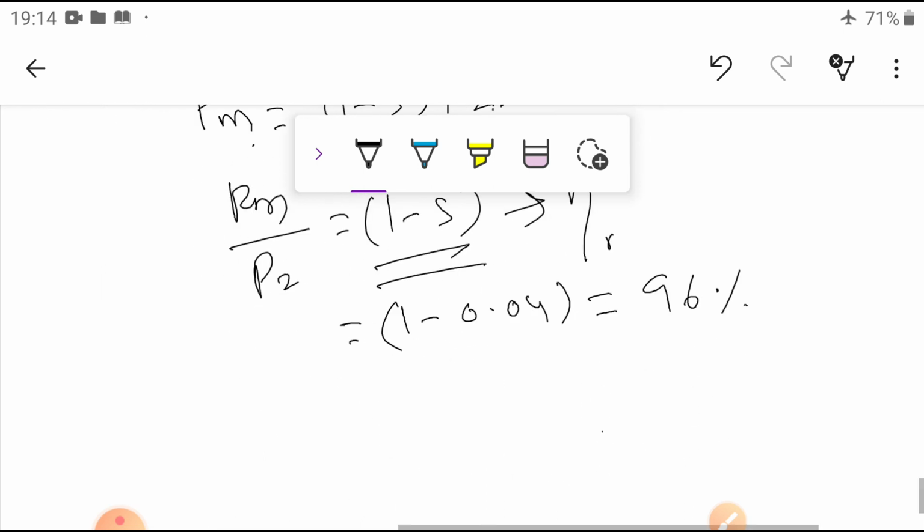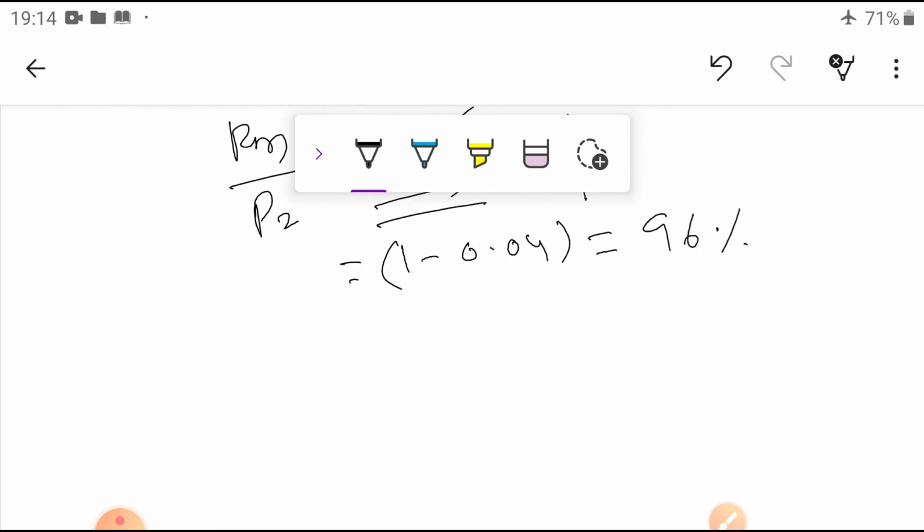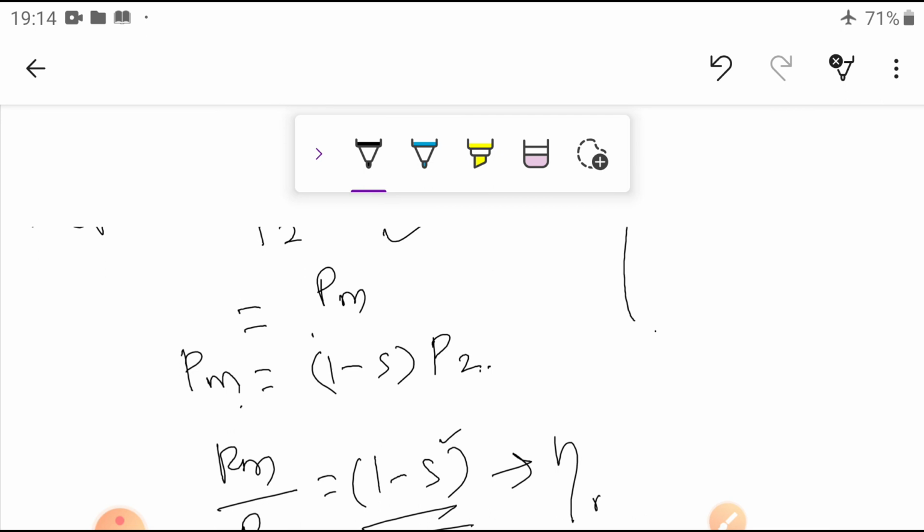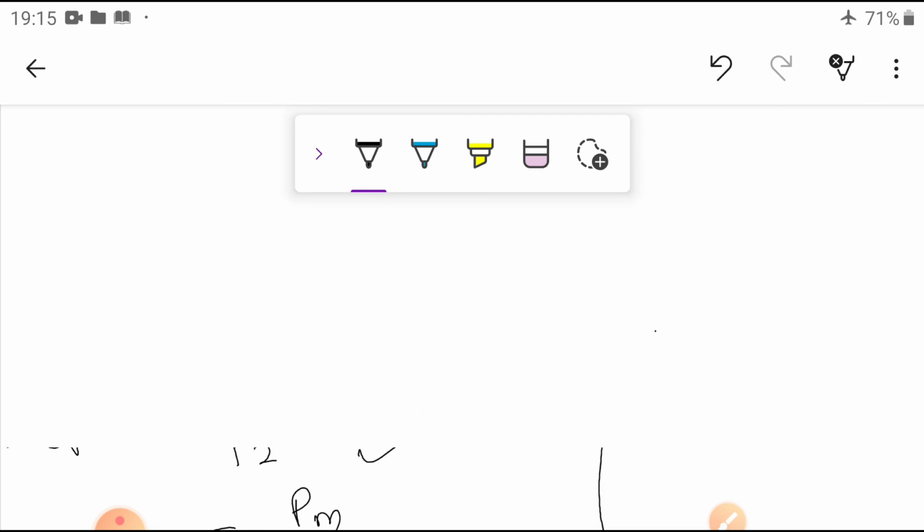Suppose I want the overall machine efficiency. Then overall motor efficiency is equal to P out by P in. P out is given, 10,800 watts, divided by P in. We calculated the P in here, already we got it. What is the value of P in?